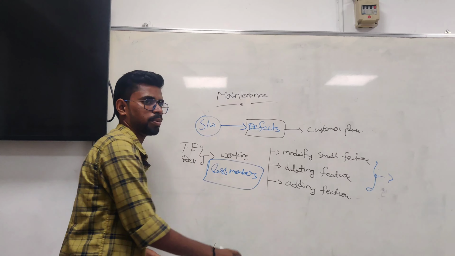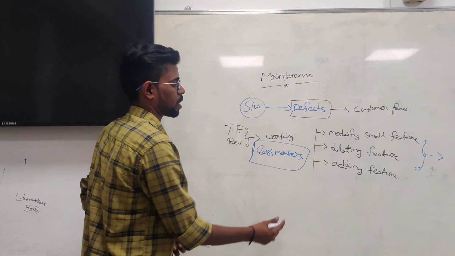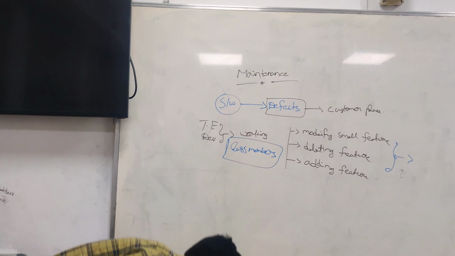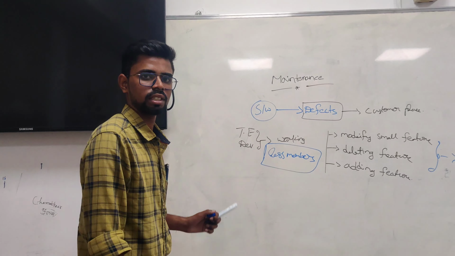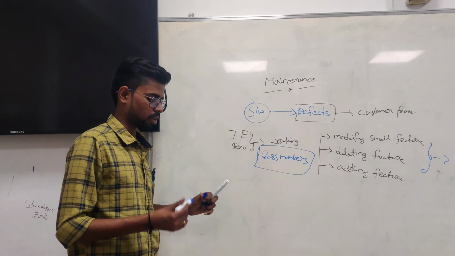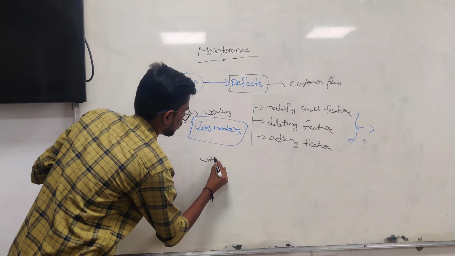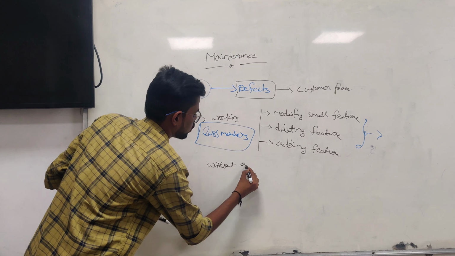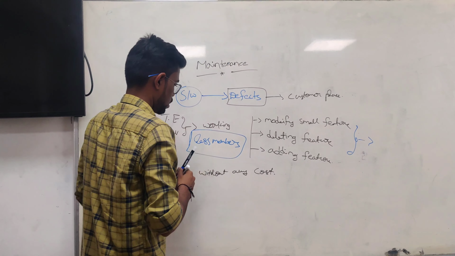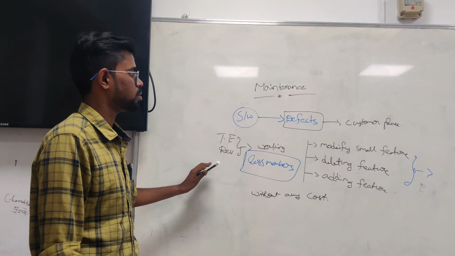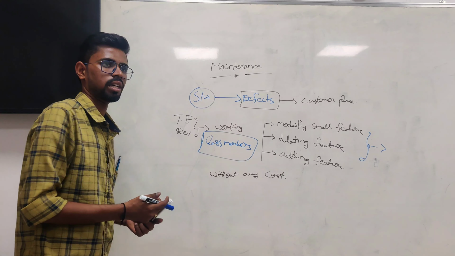In the maintenance period, test engineers and developers will work free, without any cost. If the customer finds any defect in the maintenance period, the test engineer and developer will fix the defect without any cost. Maybe the maintenance period agreement will be like 6 to 9 months.